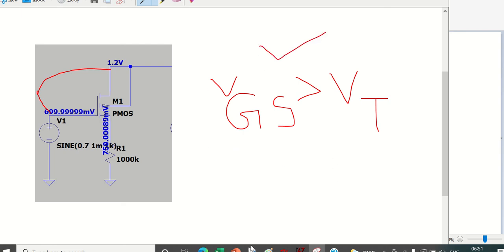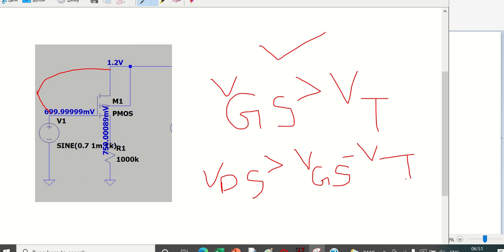What is the second condition? VDS should be greater than VGS minus VT. So what is VGS minus VT? 500 minus 450, that is 50 milli.